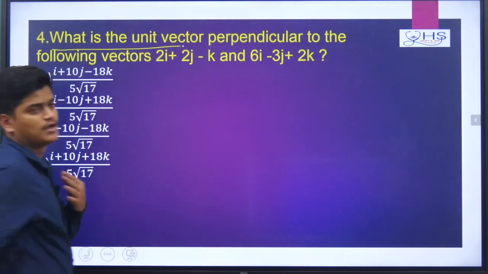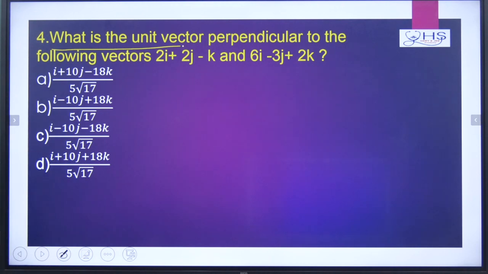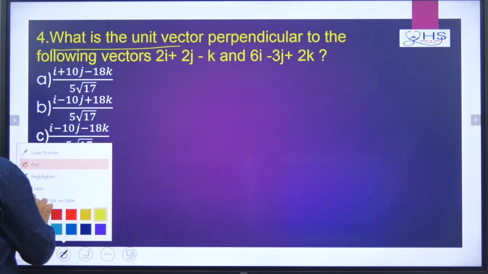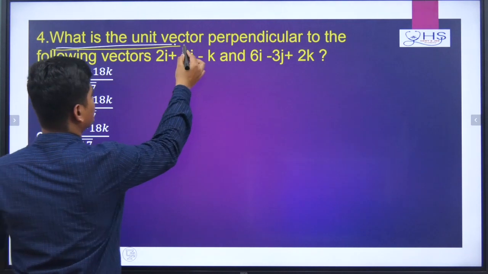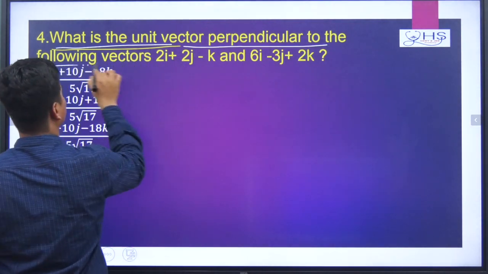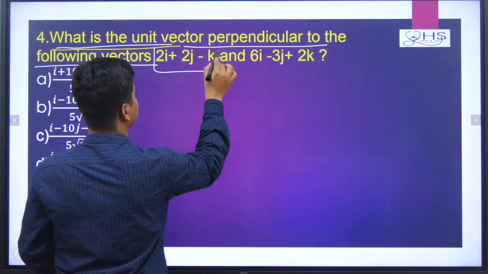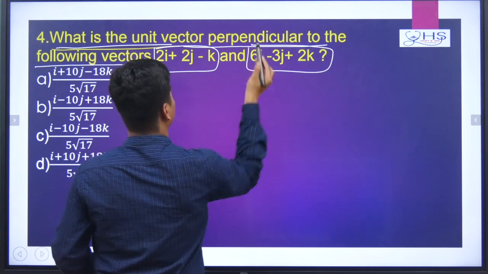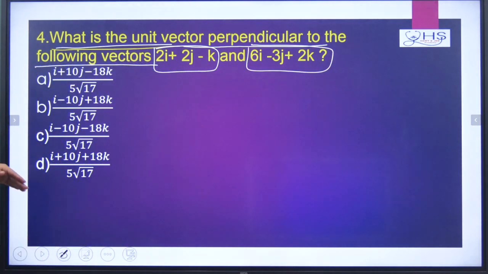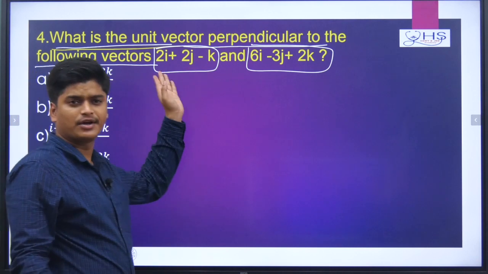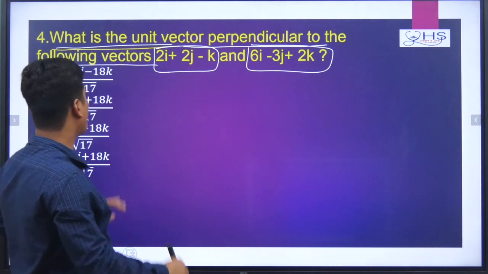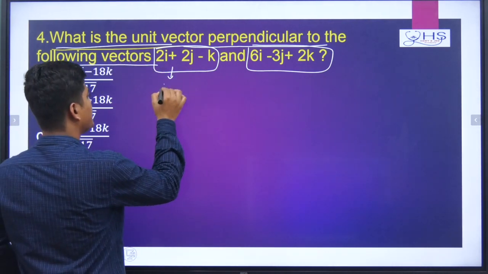What is the unit vector perpendicular to the following vectors? So here some vector is given, here another vector is given. Whenever you are finding a unit vector perpendicular to two vectors, you must find the cross product.